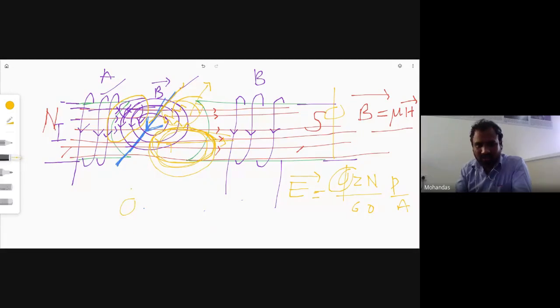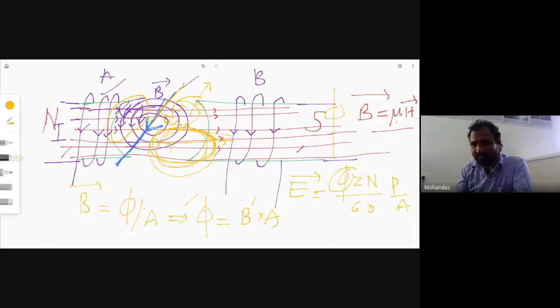Flux phi equal to what? Magnetic flux density equals the total number of flux lines by area. From this, I can calculate the total flux phi. What is the total flux phi? If you calculate B and multiply with A, we will get which one? Magnetic flux.